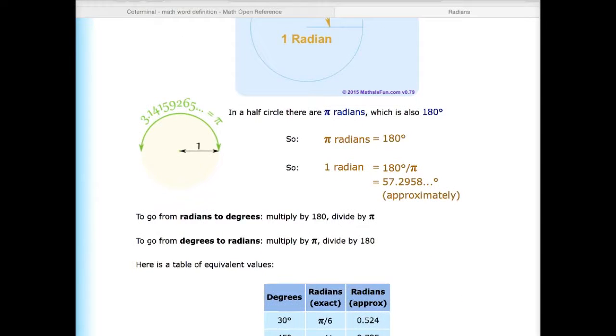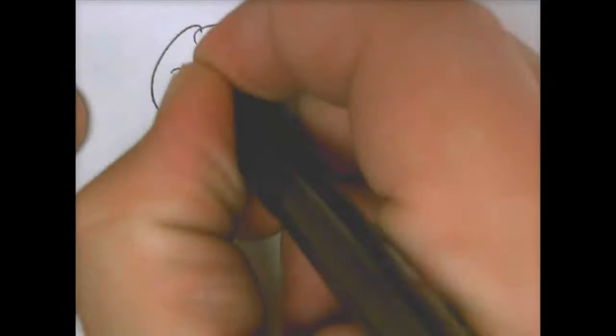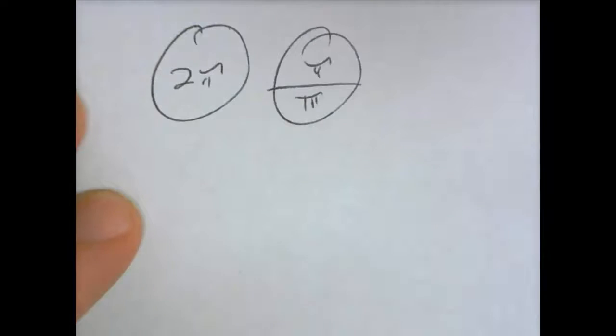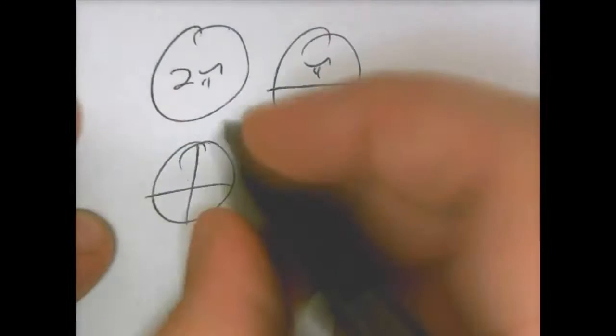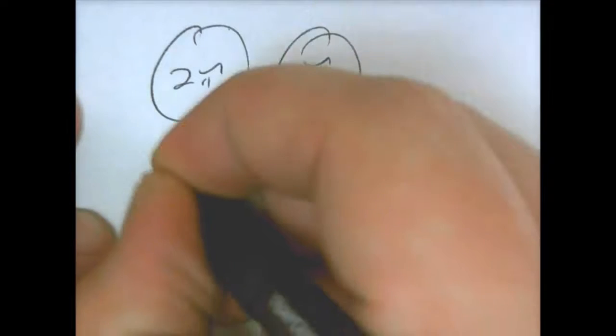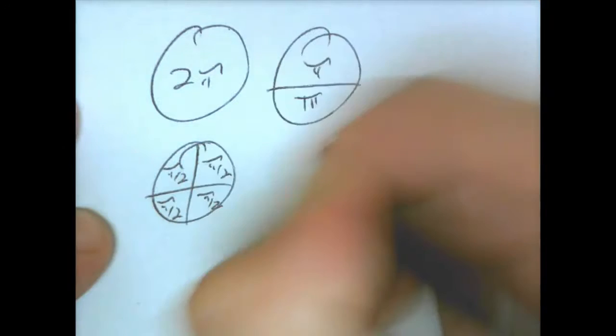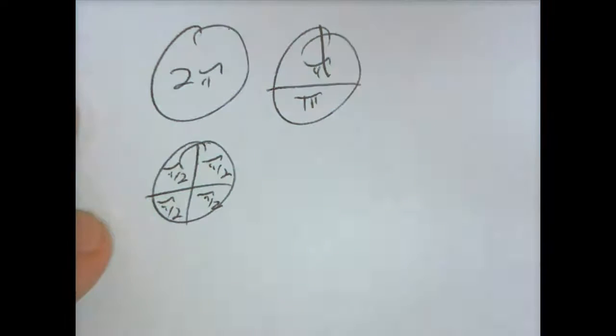Here, I'll just write it out. So a full circle is 2 pi radians. If I cut that in half, then each half is pi radians. And if I cut it into quarters, then each is pi over 2, because I cut this in half, so that's just half of pi.